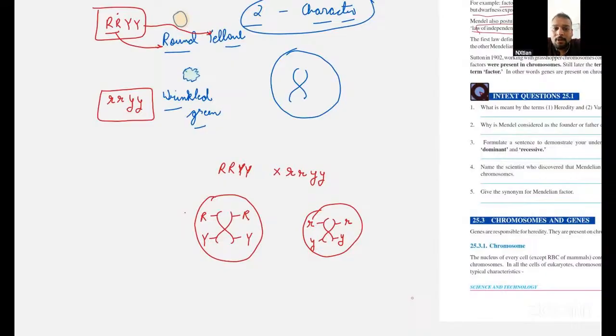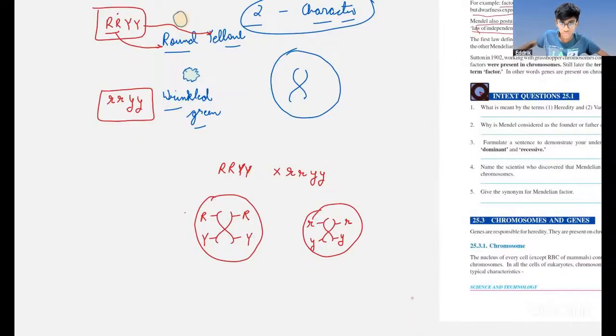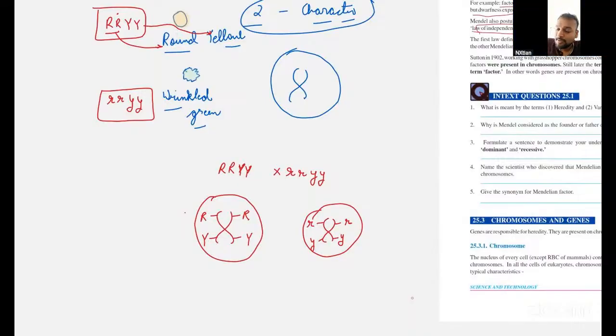If the situation arises like small r, capital Y, it will become wrinkled yellow, not round yellow. Got my point? Yes or no? Yes, sir. Agatha? Yes, sir. Yeah, keep your camera in the center.